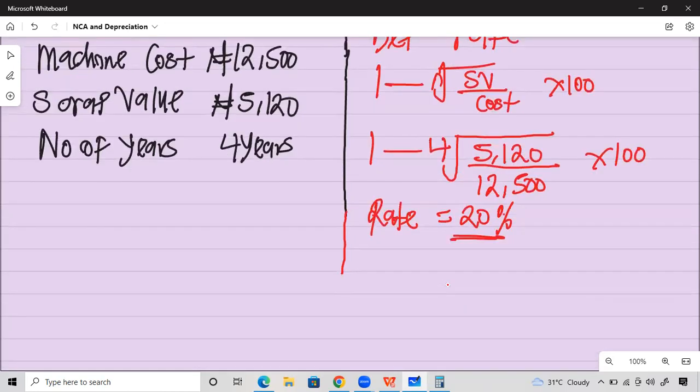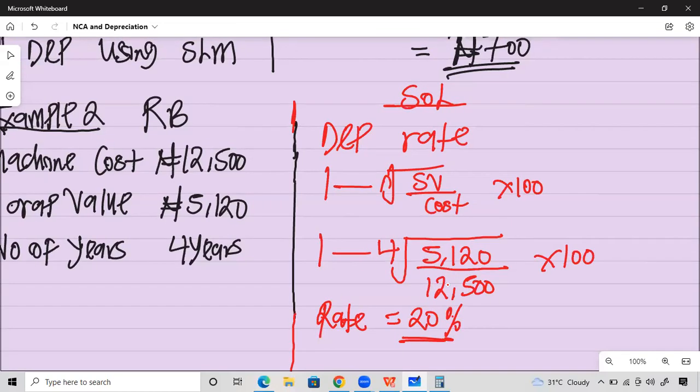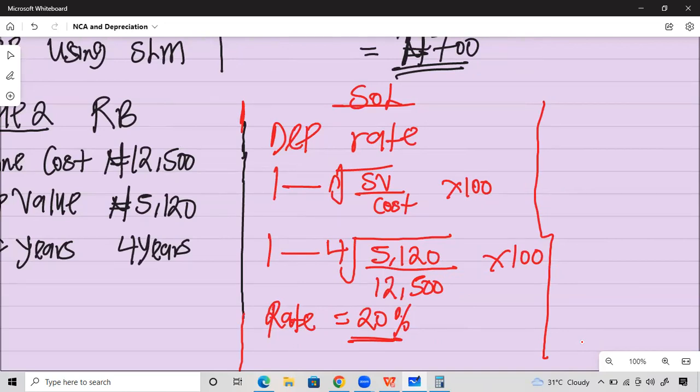This is what you are going to do. The first thing that you are going to do from your calculator, if you are using natural display, I don't know about other calculators, but there's a way you can solve this in mathematics too. So just press 4. Then press shift, then press the square root.